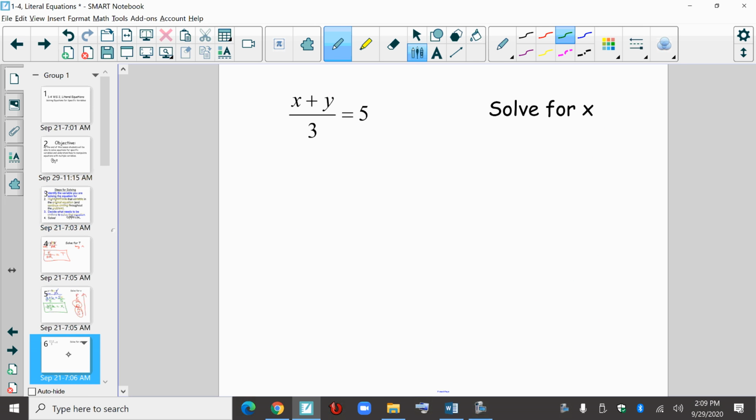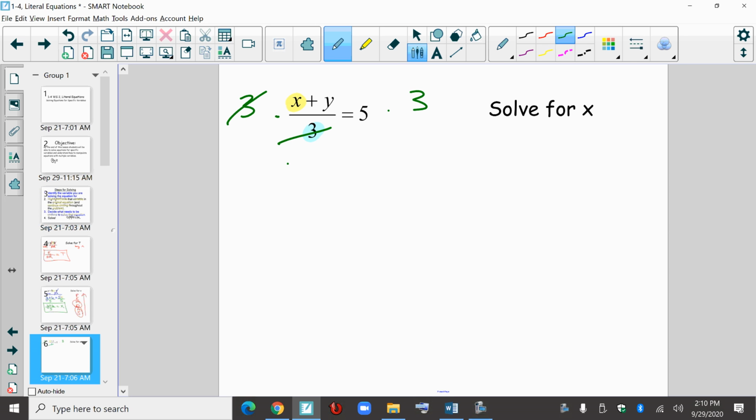Solve for x. Now, when we did order of operations and we had problems like this, remember I said to treat the numerator as a problem, the denominator as a problem, and then the right-hand side as a problem. This x is attached to the y by addition. I cannot separate them, which means I have to first get rid of this 3. So how do I get rid of this 3 that's attached to the numerator by division? The answer to that is by multiplying both sides by 3.